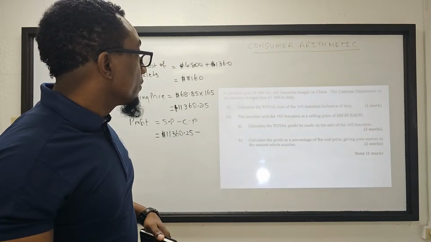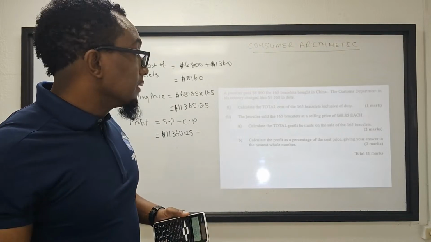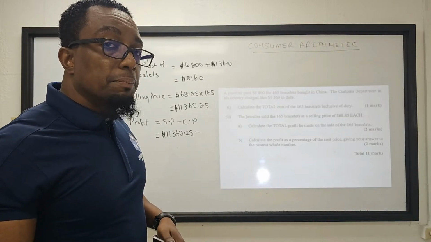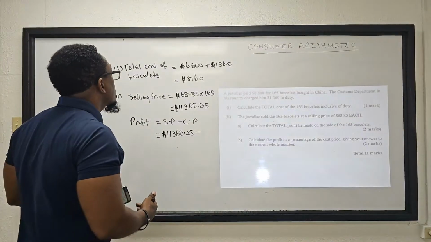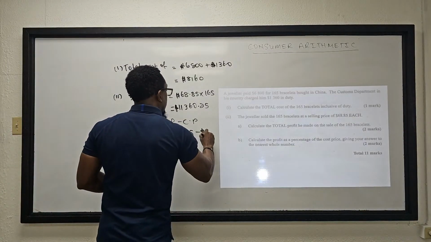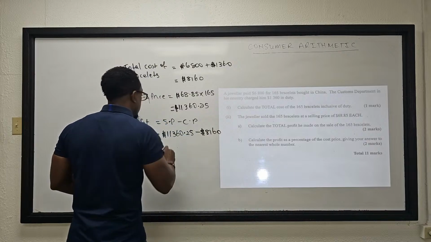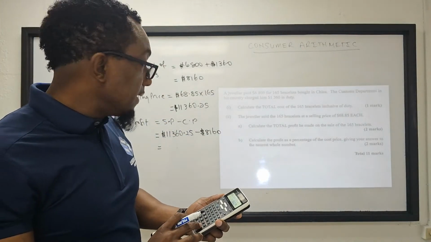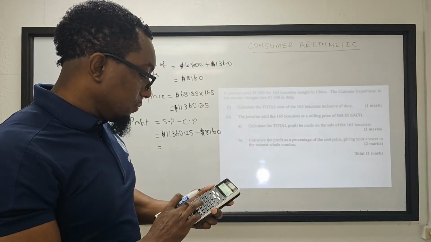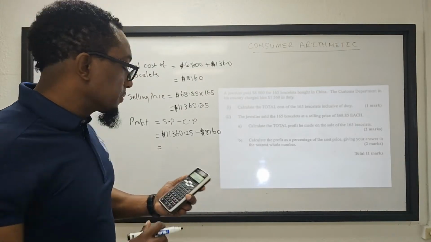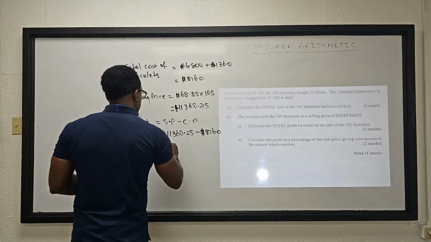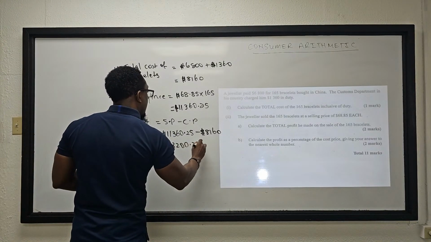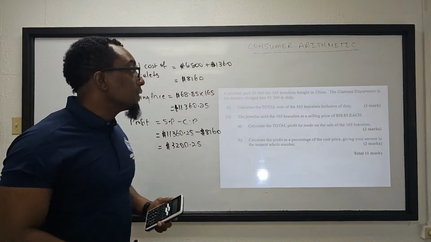Okay, that's how much it cost him for the bracelets initially. So let's see what profit he would have made. So this is $11,327.25 subtract 8,160, which will give us $3,167.25. And that will be his profit.